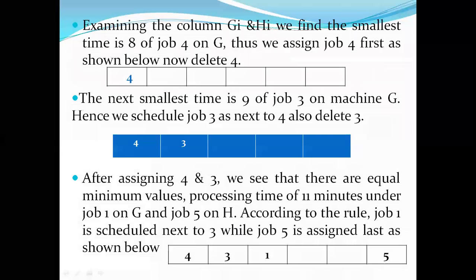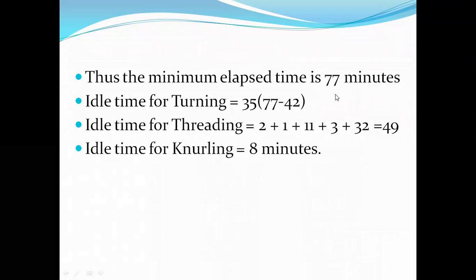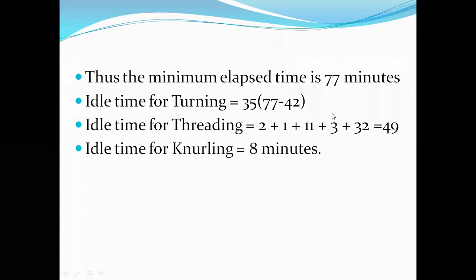So 16 minutes of time will definitely be additional with respect to the existing problem. So 77 plus 16, overall 93. So overall, the turning delay time will be 96 minus 42, right? Then this value will be deferred.